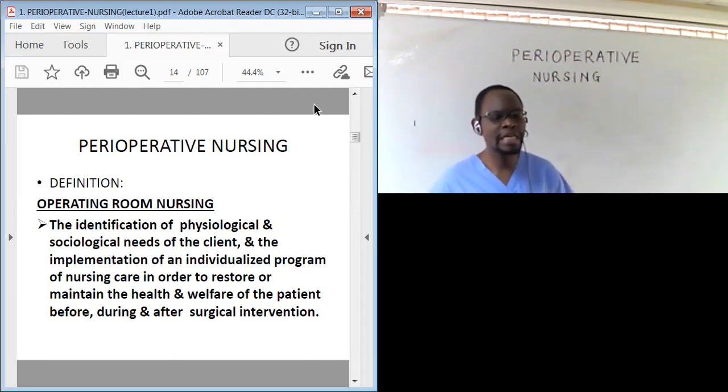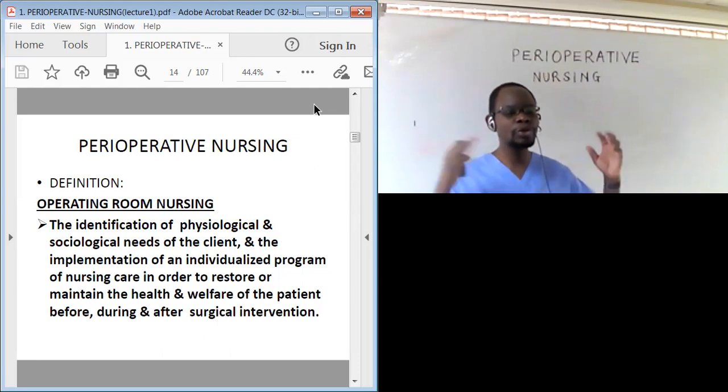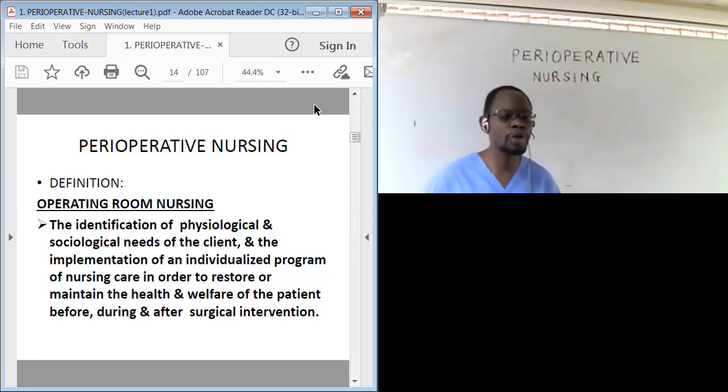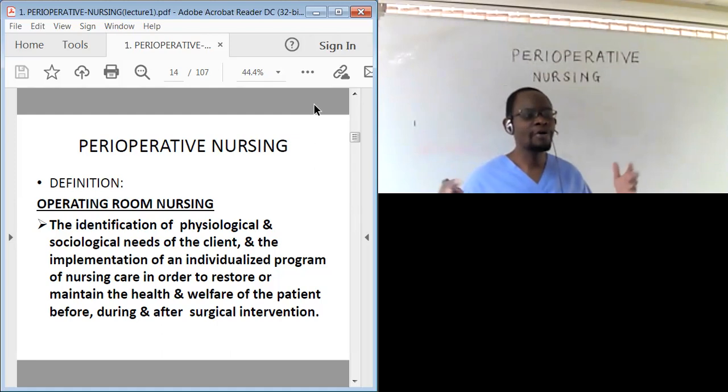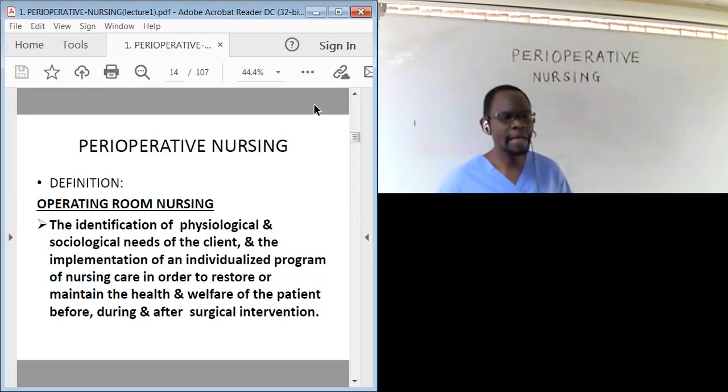As we are going to see, the nursing interventions are arranged in the different phases: the preoperative, the intraoperative, and the postoperative. What exactly do we do in these phases?